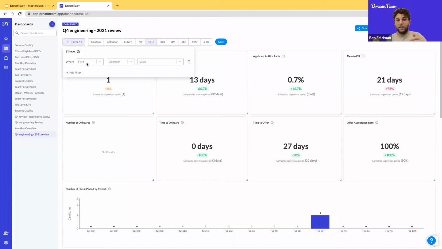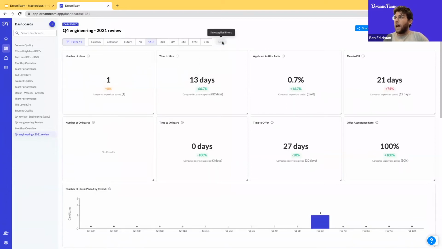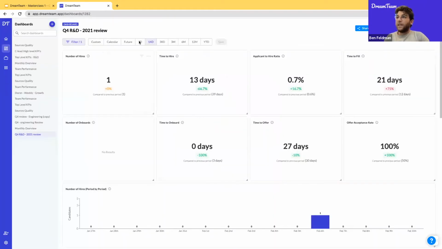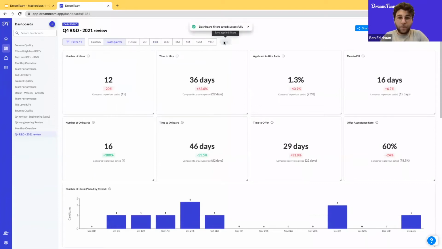So anything that is being filtered will affect all of the insights that you see over here. So I'm going to say the department is R&D, because that's what I'm going for. So now we're seeing only information that has to do with the R&D team. And then what I'm going to do is go into the calendar, and I'm going to say, I want to see last quarter. And I'm going to go ahead and save that.